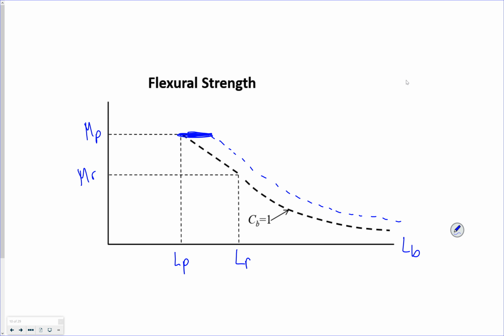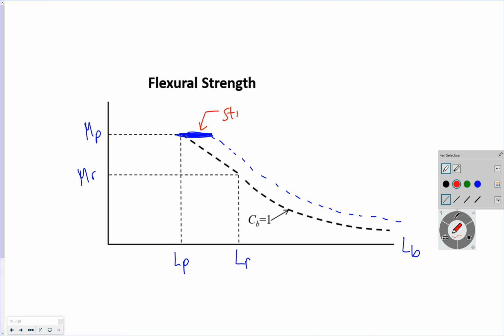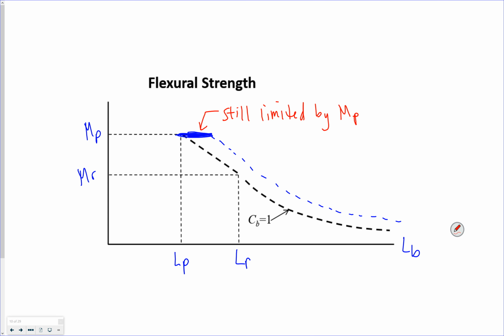But I'm still limited by my plastic moment. This is for CB greater than 1. I can have a longer length, right?